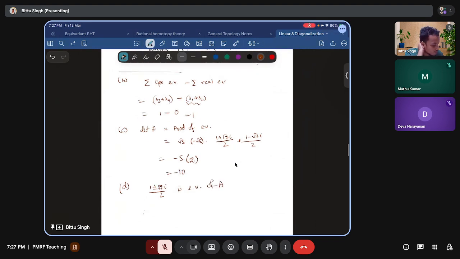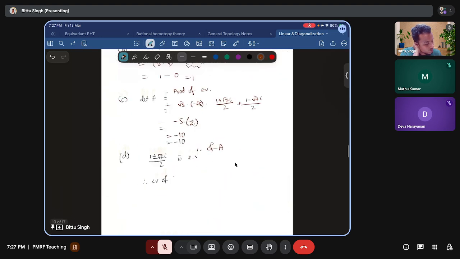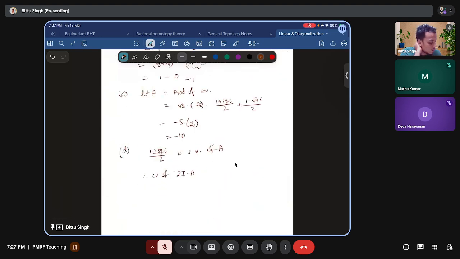So the eigenvalues of 2I minus A are given by 2 minus lambda, because we know that a polynomial of A has eigenvalues of the form polynomial of lambda. So we are taking the polynomial and replacing A by lambda.